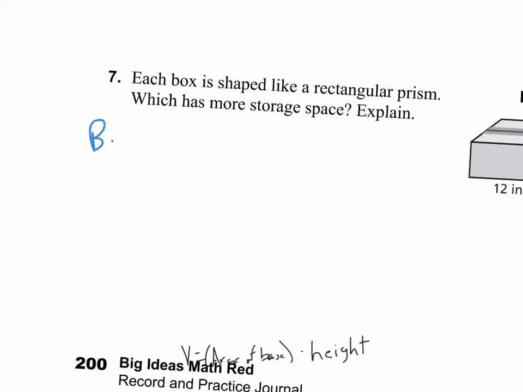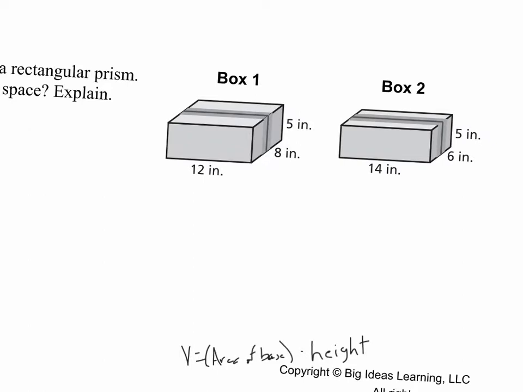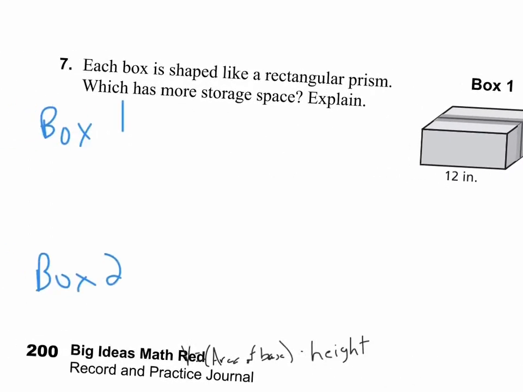So if I am looking at box 1 and box 2, we need to find the volume for box 1, and then we need to find the volume for box 2. They're both rectangular prisms since they are all rectangles. So I'm going to find the area of the base, 12 times 8, and then times your height, which is 5 for box 1.